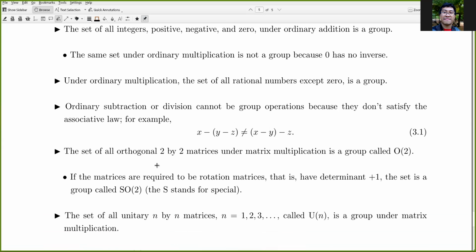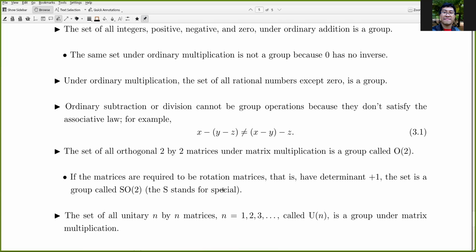The set of all orthogonal 2 by 2 matrices under matrix multiplication is called O2. Okay, orthogonal two-dimensional matrices. If the matrices are rotation matrices, so they have the determinant +1, the set is a group called SO2.